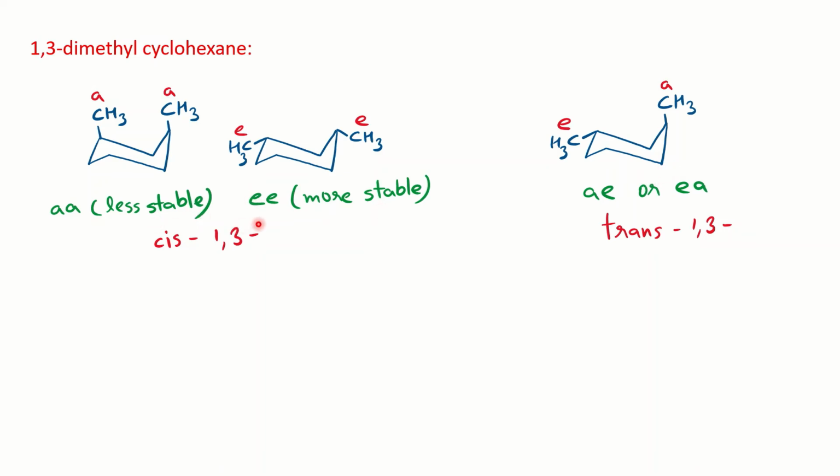So this is just opposite. In the previous two cases, 1,2 and 1,4, the cis isomer was AE or EA, while 1,3 is having EE here. And for trans, it was EE; now in case of 1,3, it is AE or EA. So if you learn one, you can draw all the other isomers by using that trick.